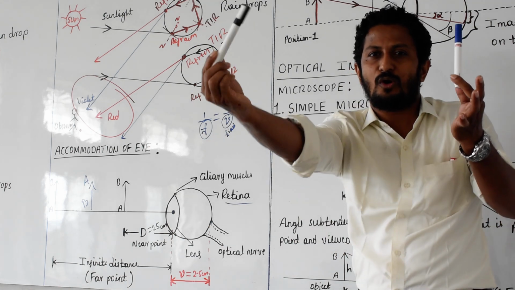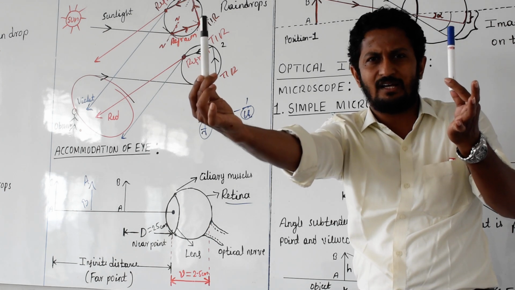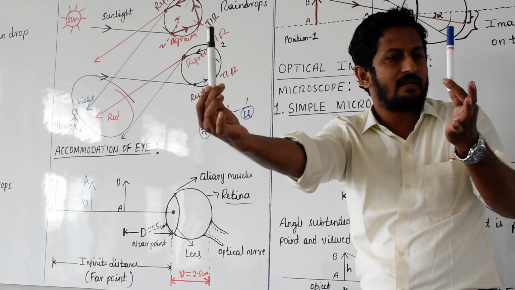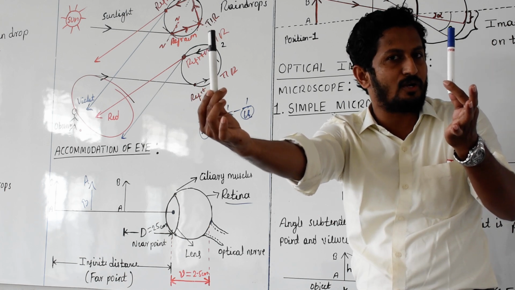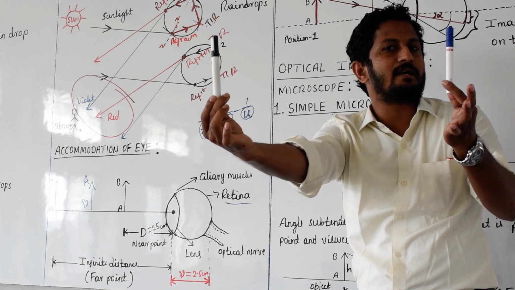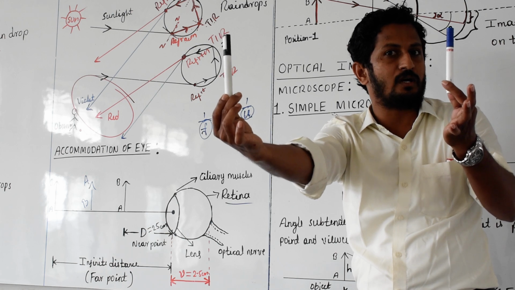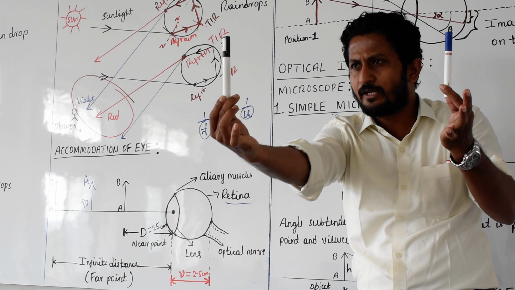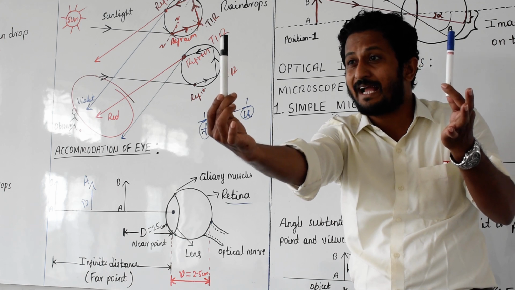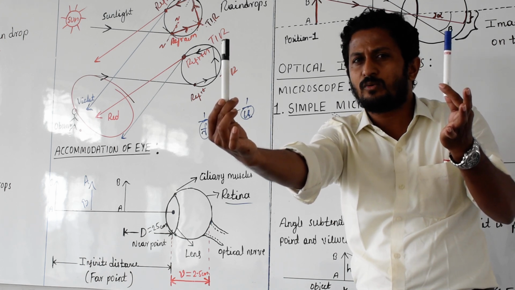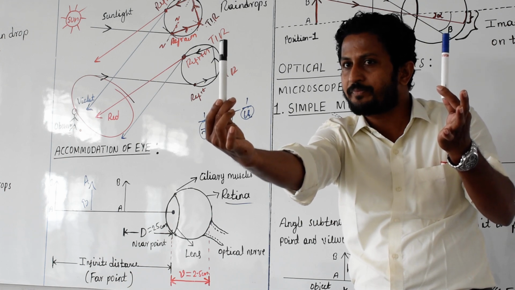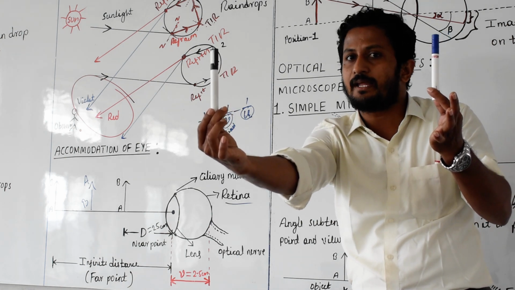Now, if I look at this object, right now both are there. When I look here, I can see. Here there is a different object distance, so my eye has a different focal length. Now when I look at this black marker, I can also see it. Means what? Now also the image of this black marker is formed on my retina.